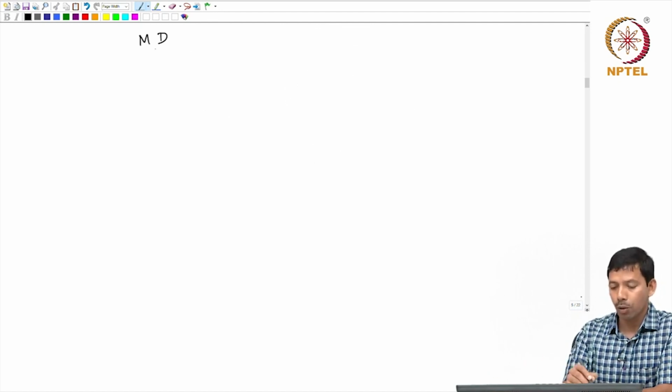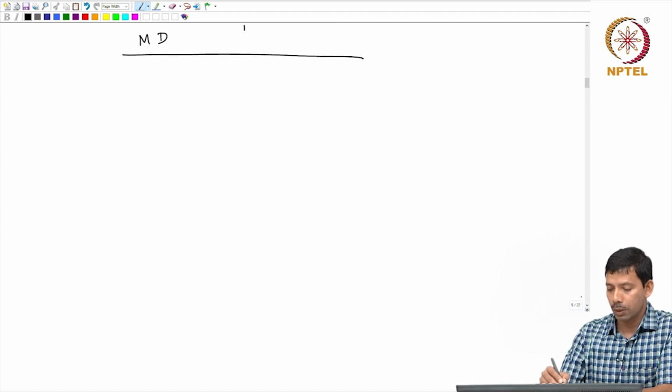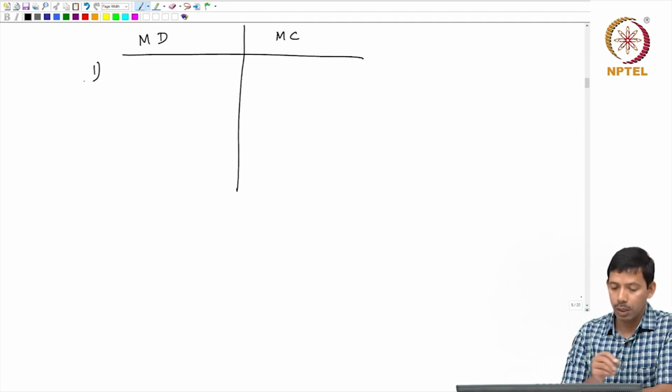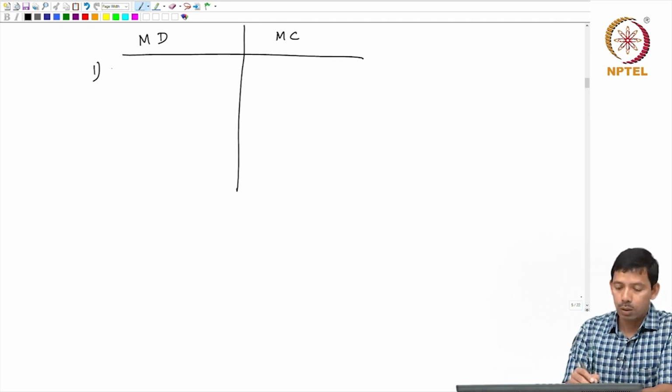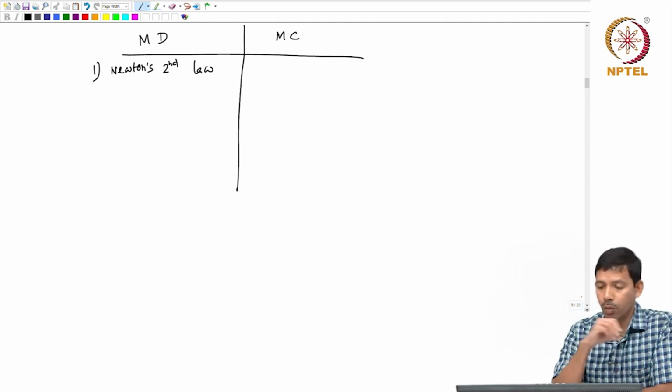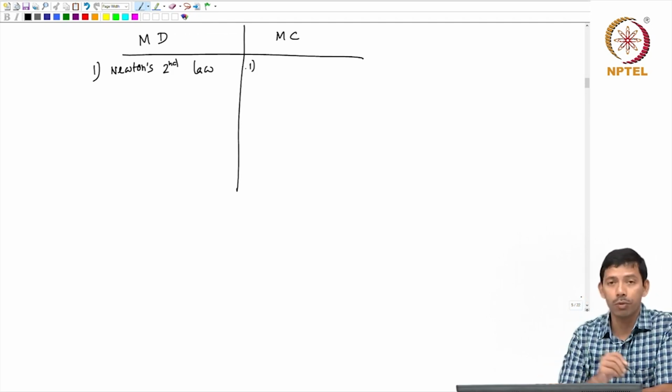So, if I compare molecular dynamics and Monte Carlo, the first and most important difference is that in MD we look at Newton's equation of motion, and so we solve Newton's second law by solving the equation of motion, whereas in Monte Carlo we generate the new configuration by random number.